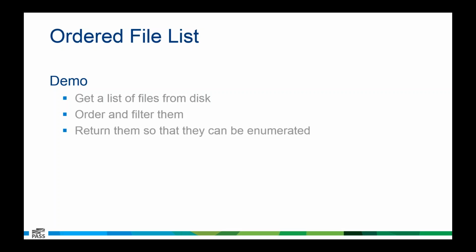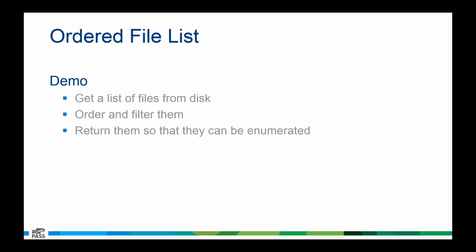So what we're going to show is first how we get that list of files, how we can easily order them and filter them down to just the ones we're interested in, and then pass them back to the package so that we can enumerate over them. So a couple of the key things that you'll see in this are the use of the file IO namespace in .NET, and also LINQ for manipulating lists.